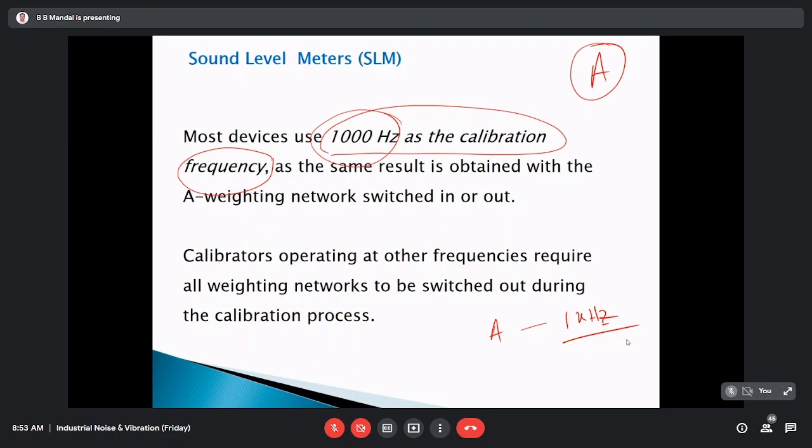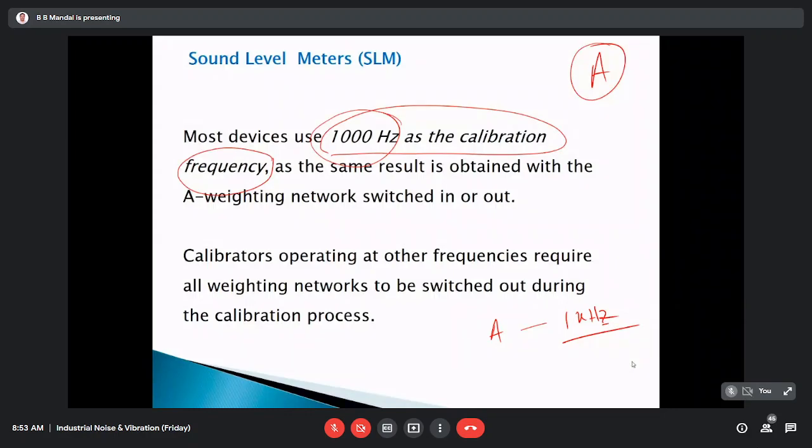Anyone else? What is the A-weighting correction for 1 kilohertz signals? So is it 0? Hemant, it is absolutely correct. For 1 kilohertz, the correction is 0.